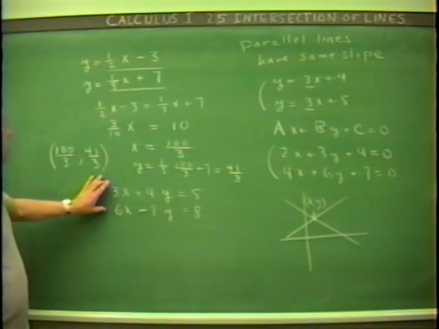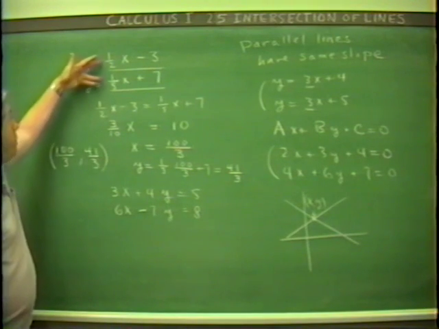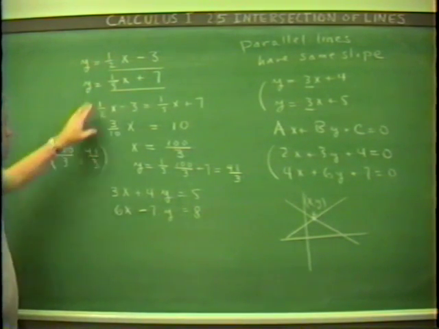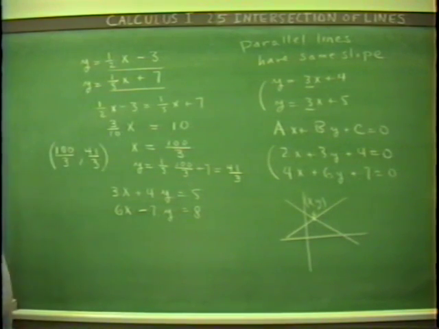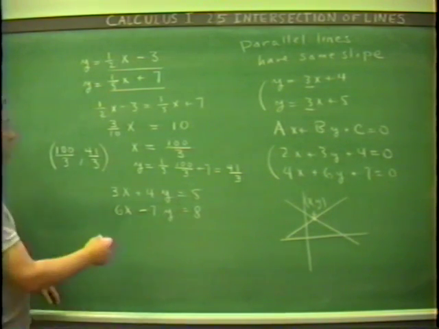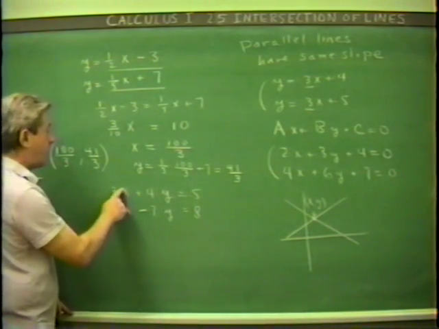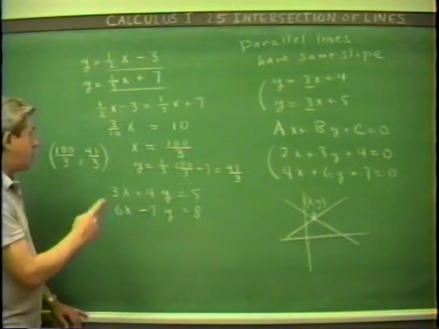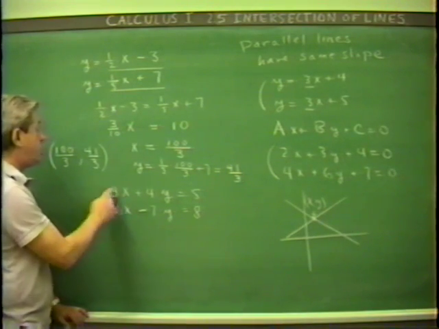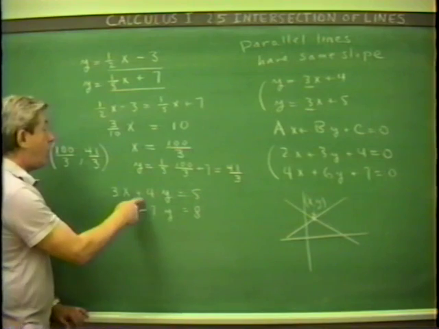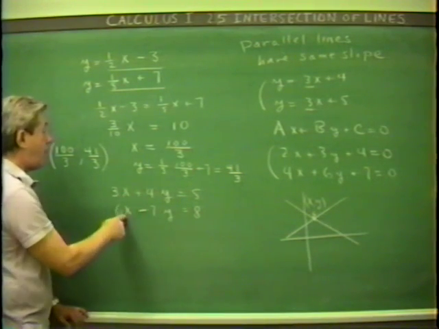If you're given this in this form, clearly you can change it over so that it's in this form here and go through this procedure. However, one can solve these two equations together to find a point xy that satisfies both of them by a simple procedure of multiplying the first equation and the second equation by a constant and subtracting the two, so that the x term, for example, would drop out of the picture.